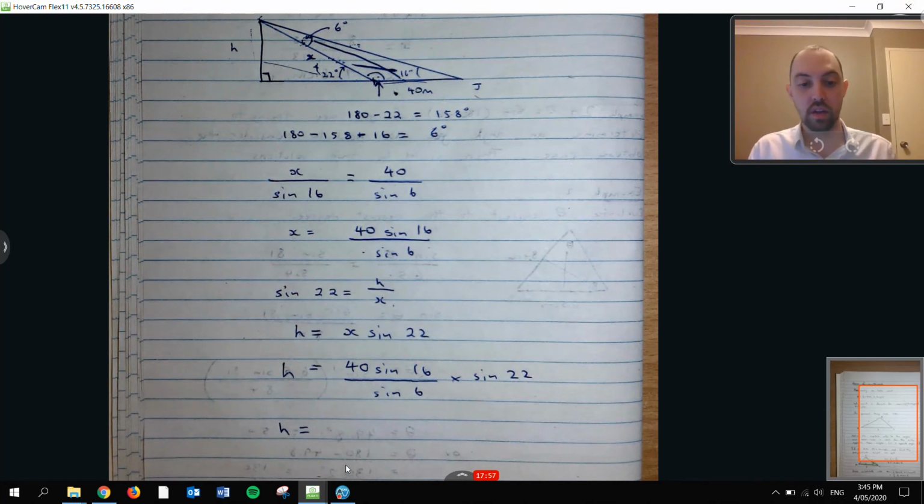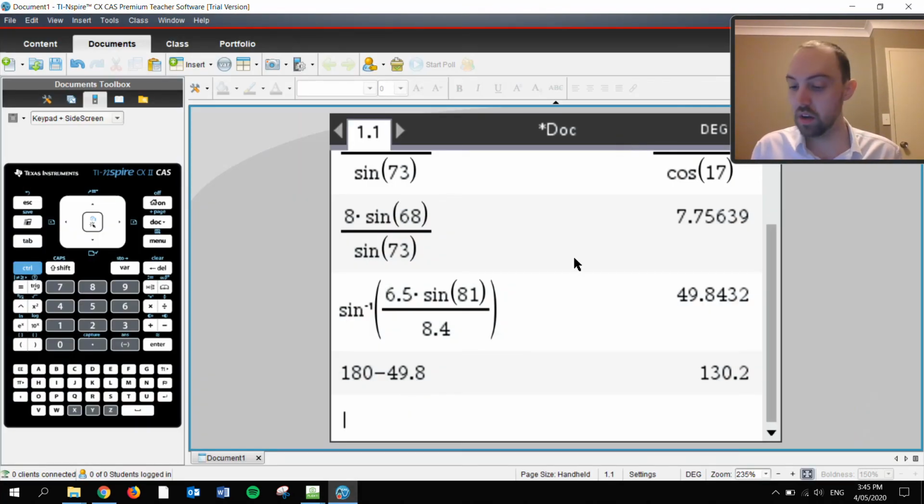And once we type this into our calculator, we should have our answer. So 40 times sine of 16 times sine of, careful, let's do divided by sine of 6.